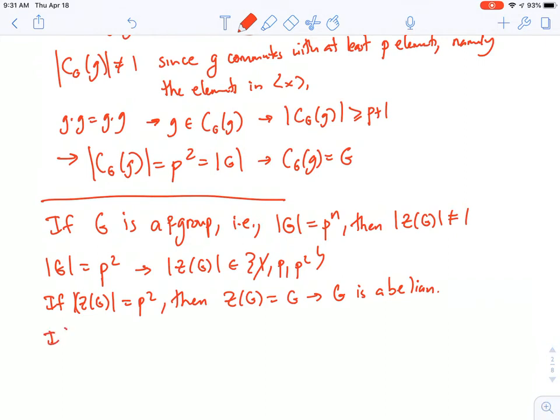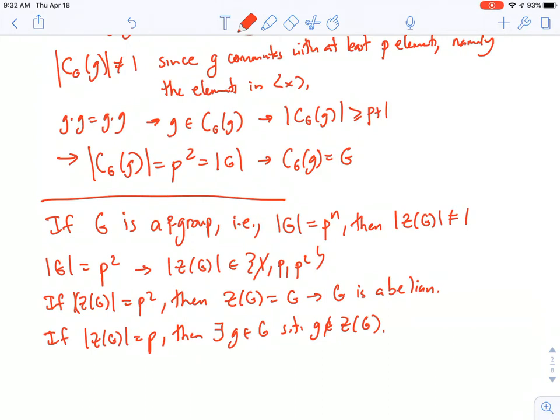Okay, so what if it's this other case? What if the center of the group has p elements? Well, then there's some element in the group which is not in the center. So there exists some g in G such that g is not in the center of G. But what's the centralizer?